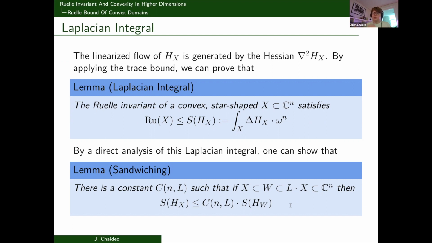There might be a little bit of an improvement made perhaps to this argument, but basically, by direct analysis of this Laplacian integral, you can show that if you have a sandwiched pair of convex domains, so a convex domain X sitting inside of a convex domain W, sitting inside of a scaling L X of the original domain X, then these Laplacian integrals also sandwich with respect to a constant, depending on the dimension and depending on L. So if I can sandwich two convex domains between each other, then I can control their two Laplacian terms in terms of each other.